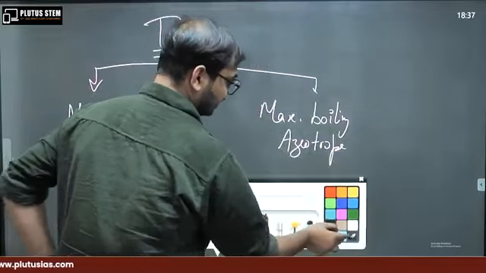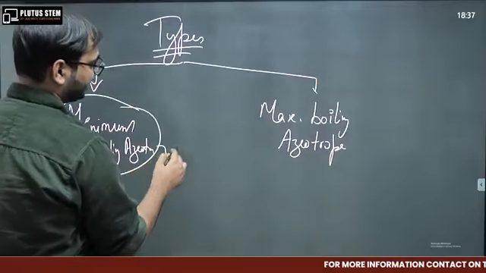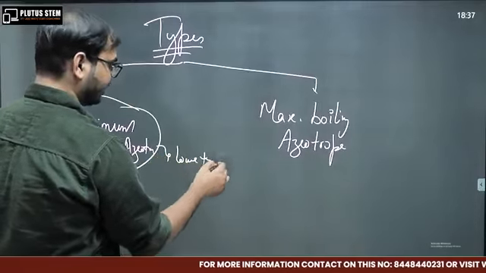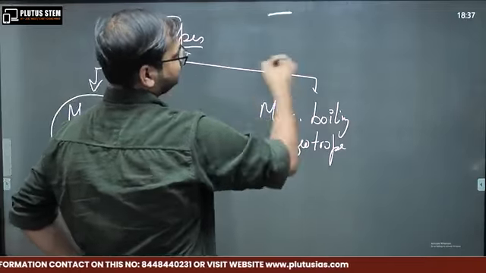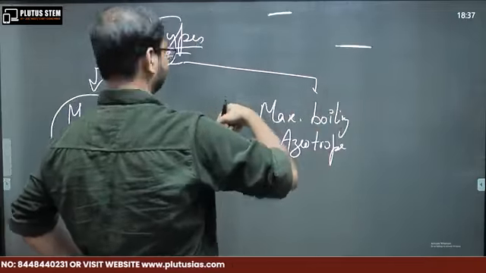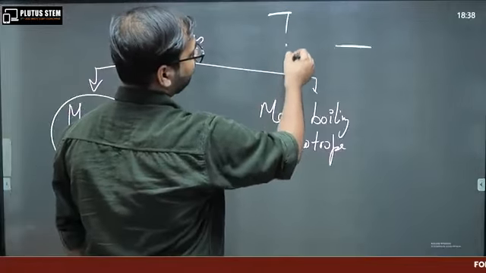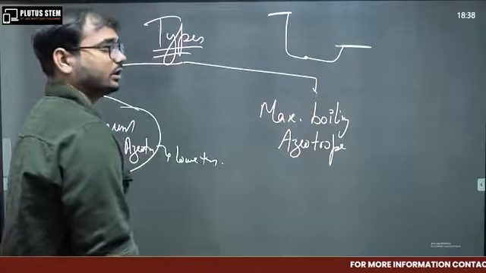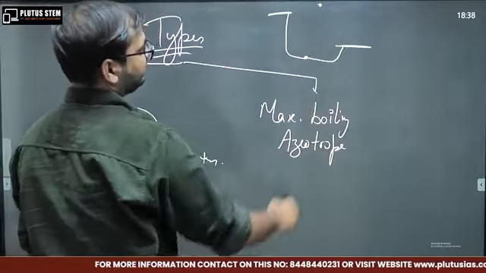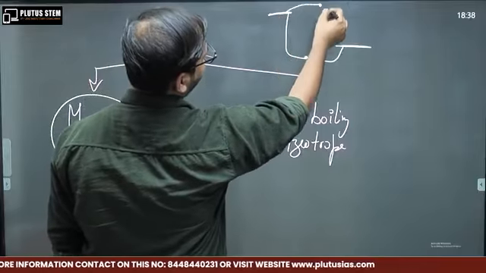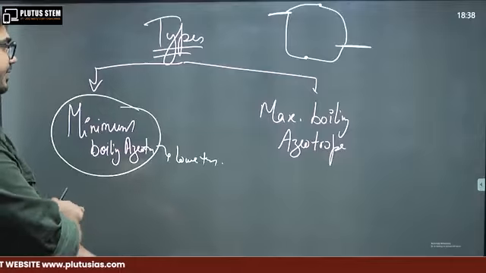As the name suggests, minimum boiling azeotropes are those which boil at a lower temperature. Let's say your solvent has a boiling point somewhere here and the solute has some boiling point here. This azeotropic mixture boils at a temperature lower than either the solute or the solvent. Maximum boiling azeotropes have the exact opposite condition, where the boiling point of the solution will be higher than that of both the solute and the solvent.